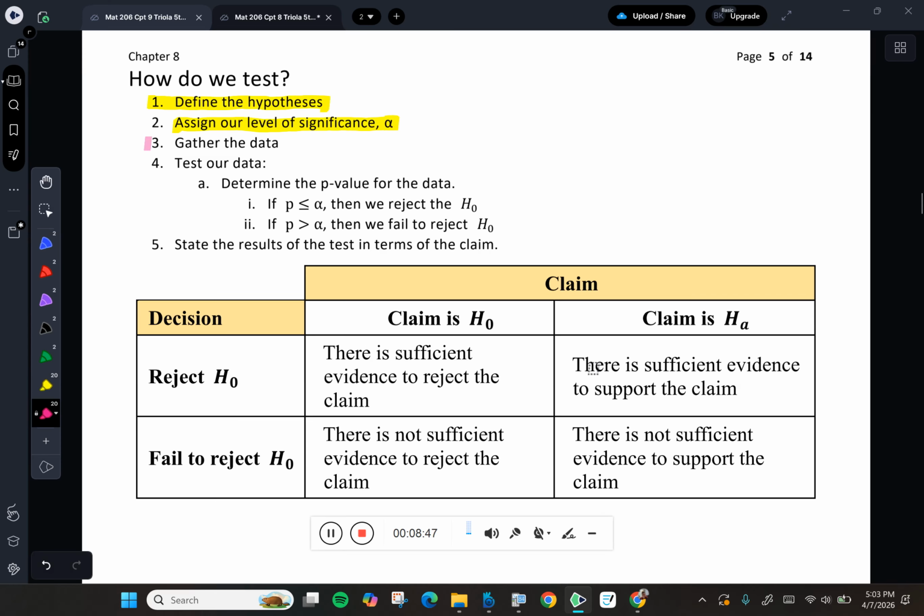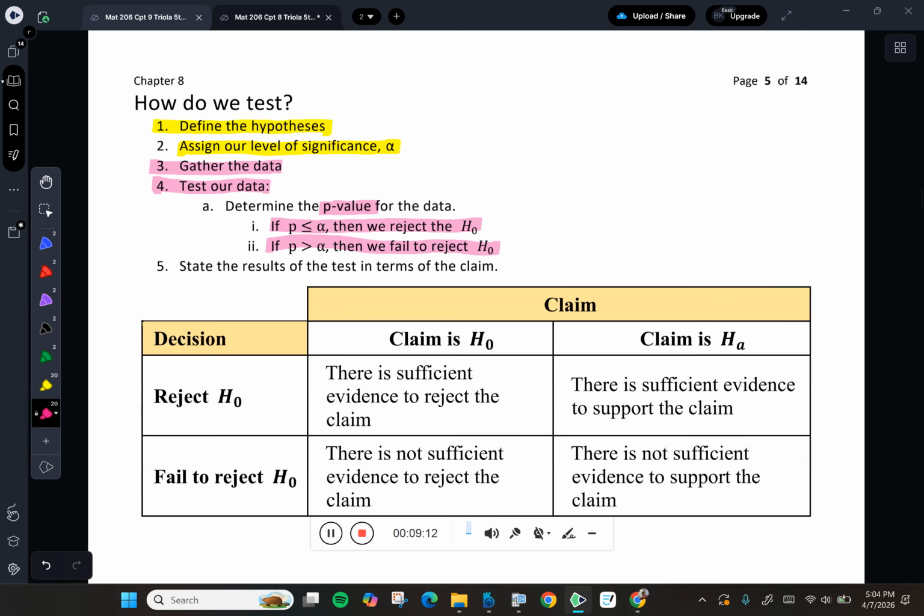Then we go gather data, and then we test our data. We're going to find something called the p-value for the data, and whenever the p is less than or equal to alpha, we reject that null hypothesis, and whenever p is greater than alpha, we fail to reject the null hypothesis.